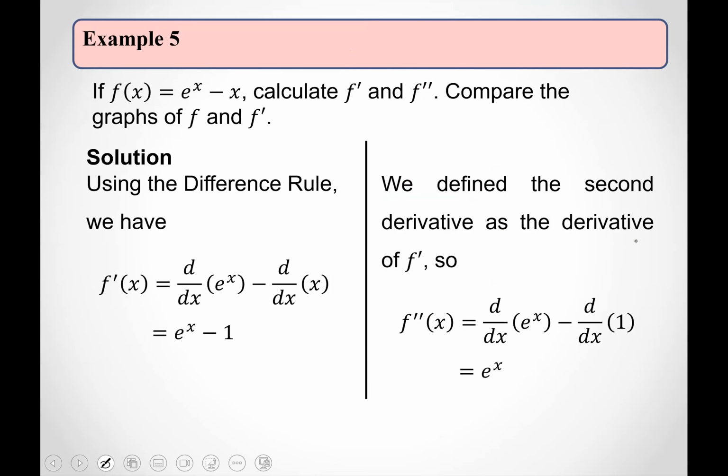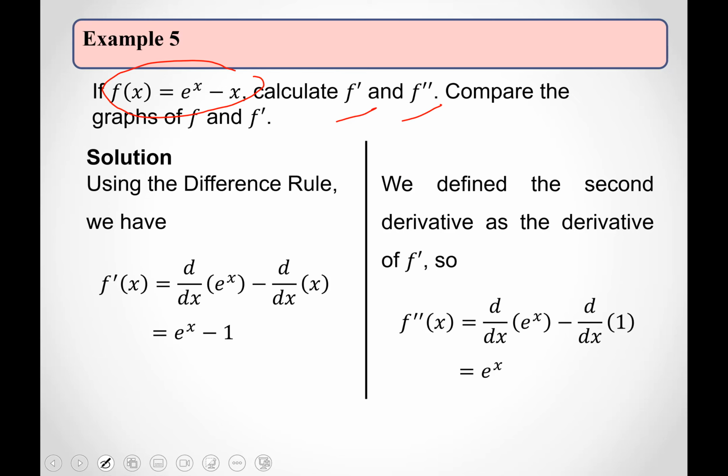Okay. So here we will use the rule of the derivative of e to the x to compute the first derivative f prime and the second derivative f second of this function f of x here. It's easy to compute because we have the formula for the difference.